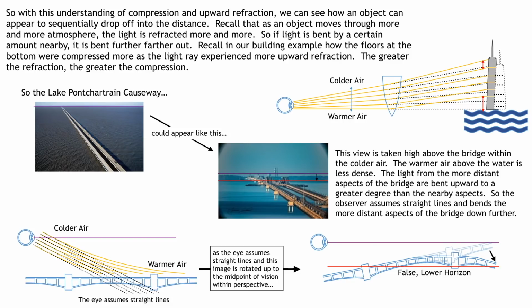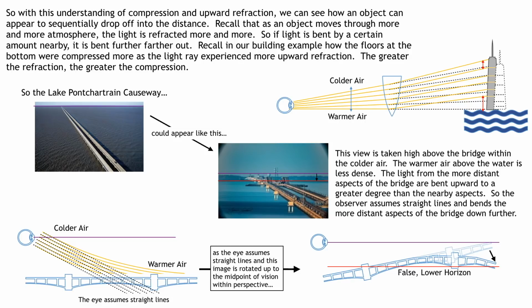So again, we can represent this diagrammatically here at the bottom in an orthographic representation. We have our colder air up by where the observer is, and we have our warmer air down by where the bridge is. And as the light rays are traveling toward the individual from the less dense medium to the more dense medium, they are refracted upward to meet their eye.